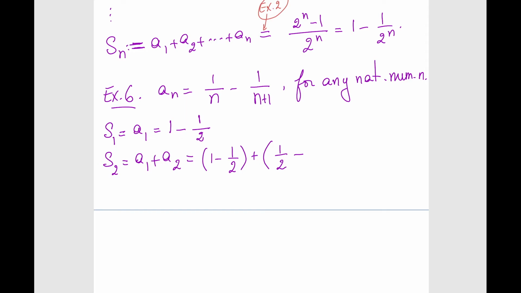Again, to find A2, I'm replacing n by 2. So that's going to be 2 and that's going to be 2. And let's read it. A sub 2 is 1 half minus 1 over 3, right? So that's A2 and that's A1.